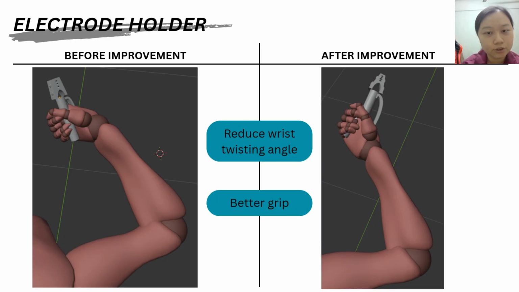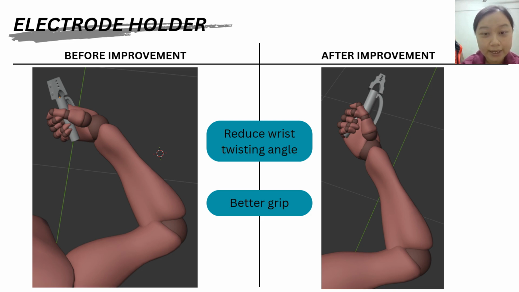This is the electrode holder before and after improvement, and this is the simulation on Blender. You can see that although they are using the same welding angle, after improvement the mannequin doesn't even need to twist the wrist. So the wrist twisting angle is reduced significantly.